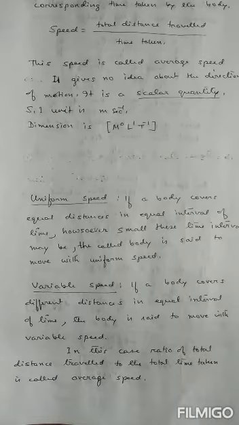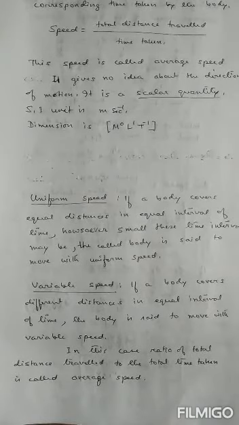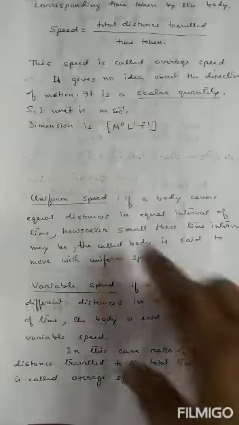So if you get equal marks in every subject, then you are getting uniform marks. The same thing happens in uniform speed.